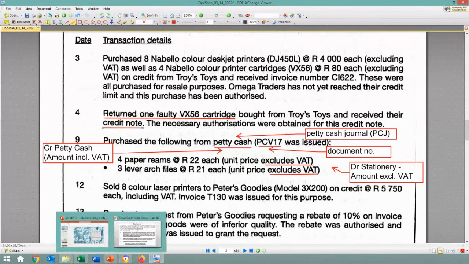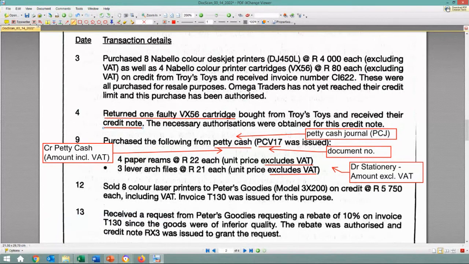Now let's quickly see what we have to capture. We know it's a return when we return something we purchased on credit. Sorry, just delete that. The first entry we said went to the creditors journal.